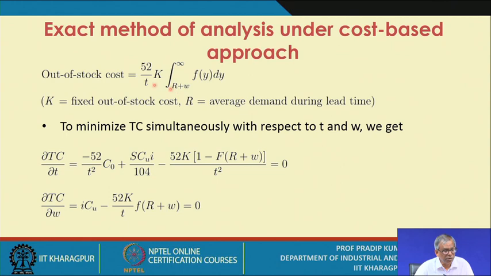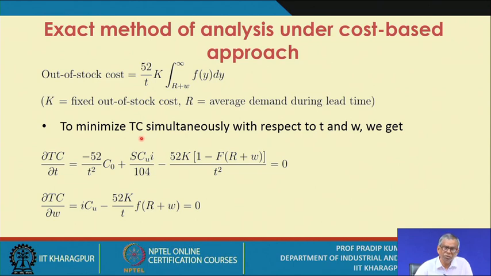And the fourth term is the out of stock cost: 52 by T into K into the integral from R plus W to infinity of f(y) dy. Capital K is the fixed out of stock cost, that is our assumption, and R is the average demand during lead time. So we have used some other notations, otherwise the same expressions we used in the previous case.